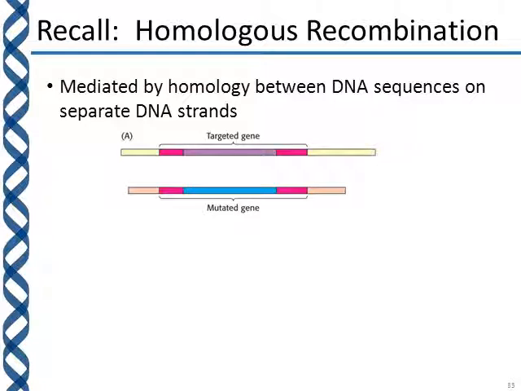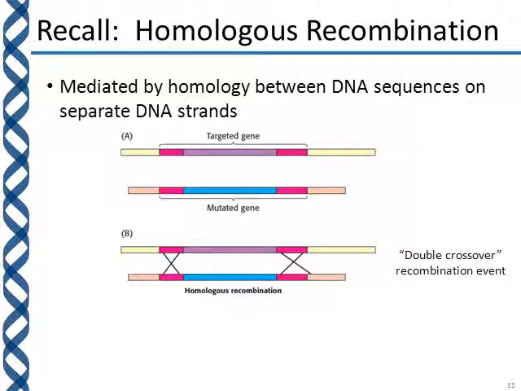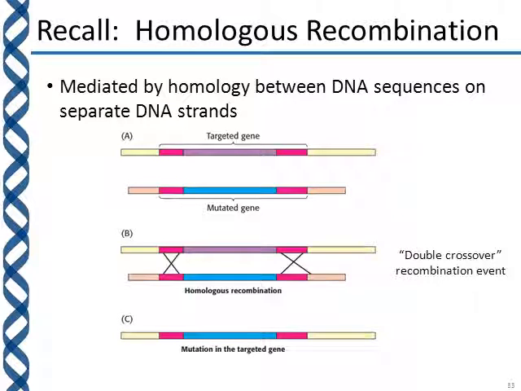And there are homologous regions shown in the pink regions on the 3' and 5' ends of both the targeted gene and the mutated gene. Based on the homology between these two sequences on the two different strands, you have a double crossover recombination event. This allows for the mutation to be placed into the targeted gene.